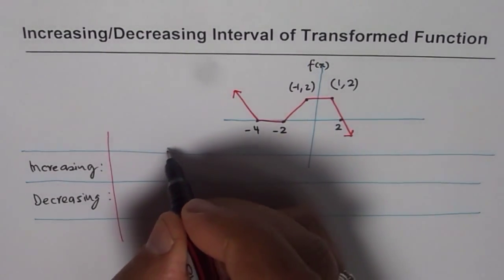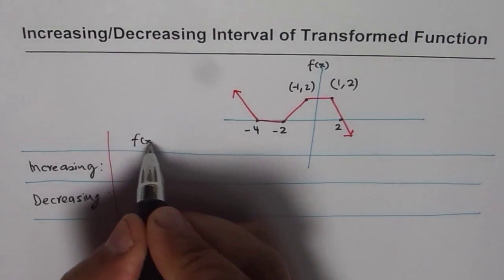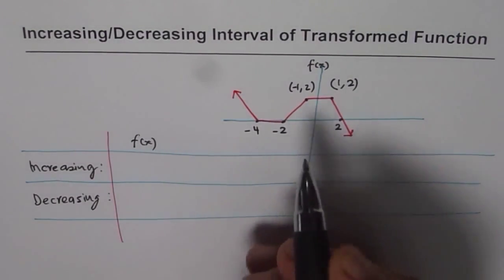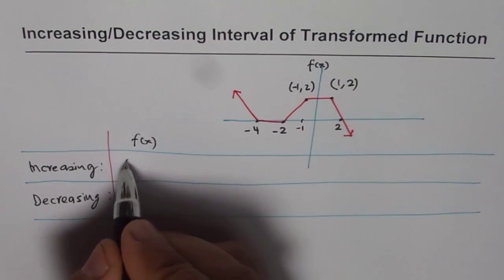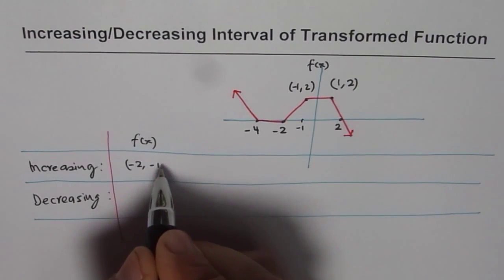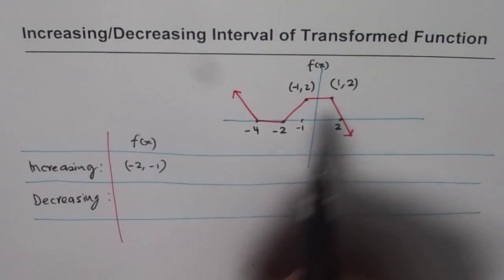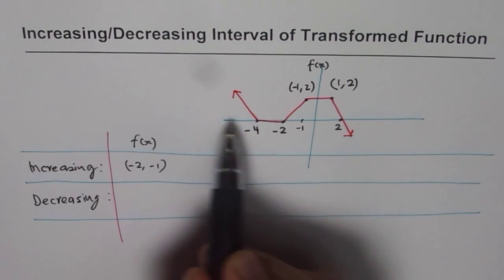So first we'll consider the function itself. For f of x, the increasing interval is actually from minus 2 to minus 1. So this point is minus 1, so it is from minus 2 to minus 1. And then no other interval is increasing. Whenever you see a graph, you have to see from left to right.